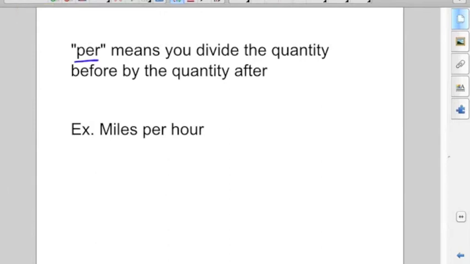So for instance, miles per hour means miles divided by hours. Miles per hour. So whatever word comes before the per gets divided by the word that comes after the per.